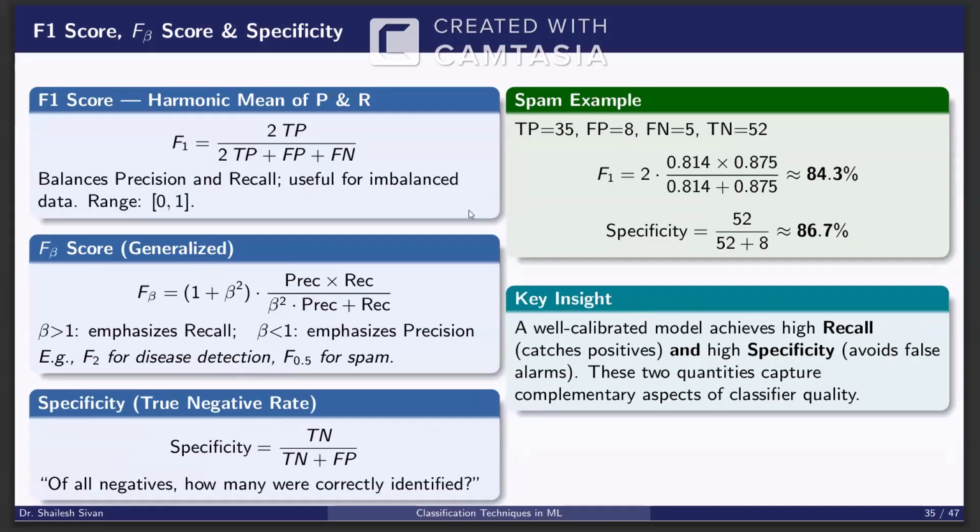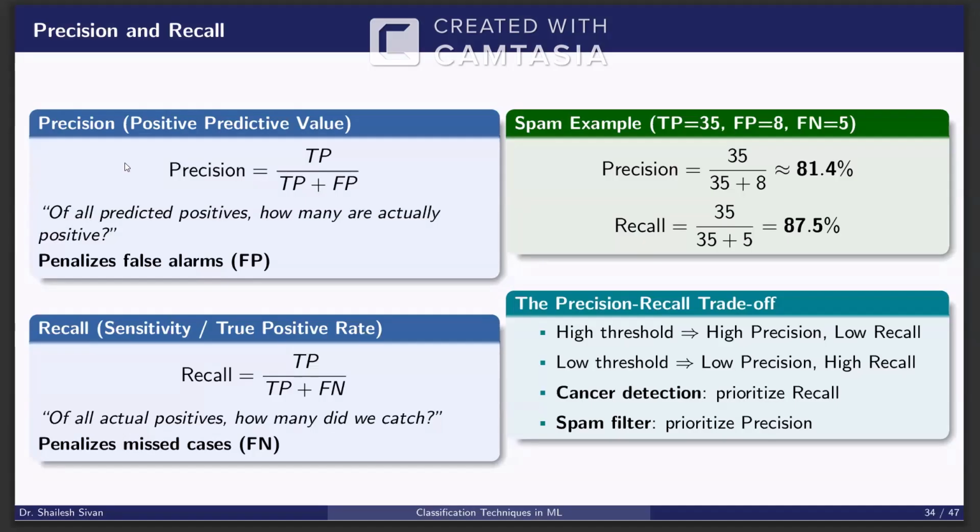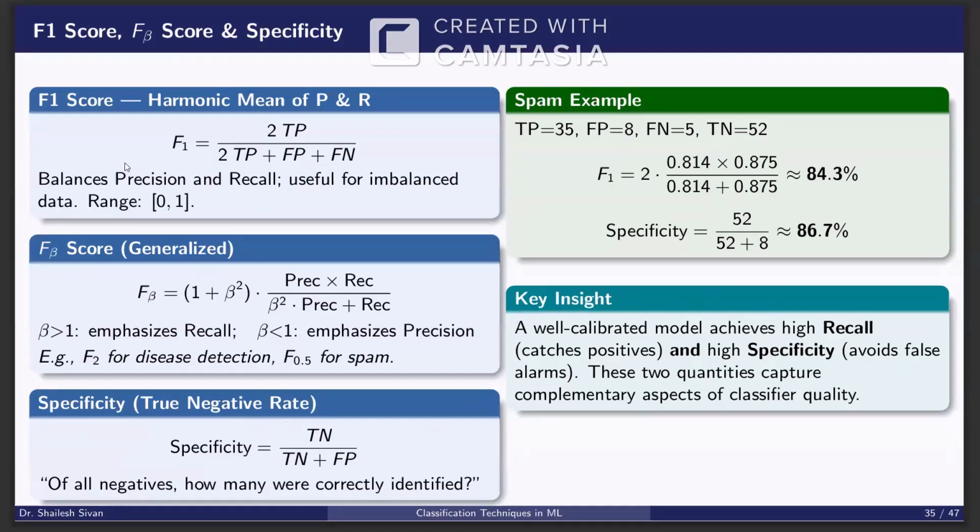And this F1, sorry, the precision and recall is actually a kind of trade-off. When precision increases, recall decreases, and when recall decreases, precision increases. That happens, so this is a measure that balances both.